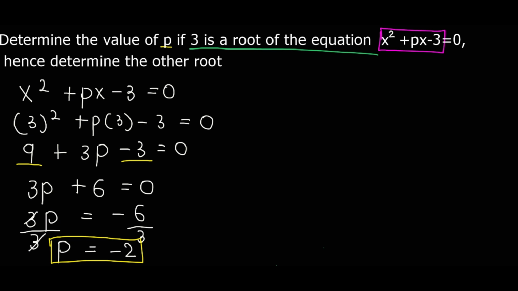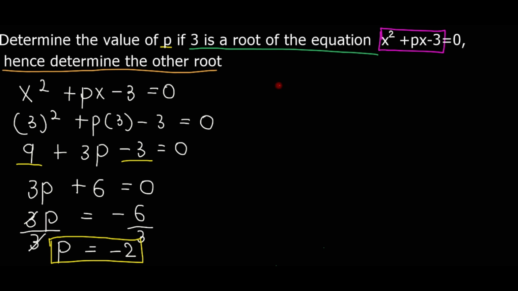And then the question says, hence determine the other root. So we look at the answer that we got, and then we continue with it to find the other root. So the other root, of course, we are talking about x.